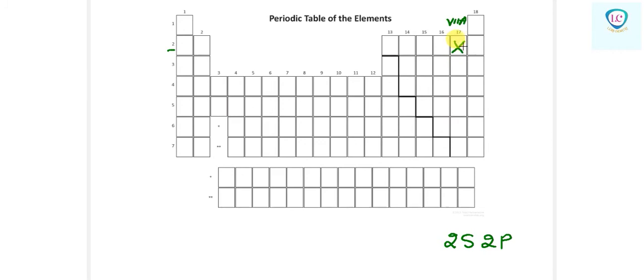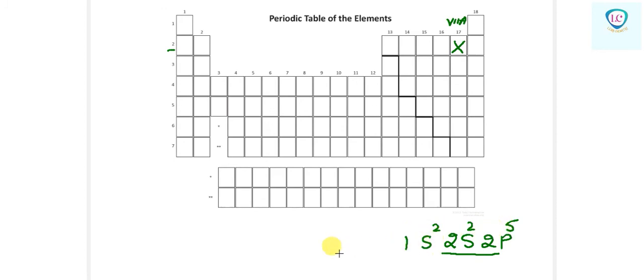It belongs to group 7A, so it has 7 electrons in the valence shell, 2 electrons in the s subshell and 5 electrons in the p subshell. So the valence shell configuration of element X will be 2s2 and 2p5, and the complete configuration will be 1s2, 2s2, 2p5.